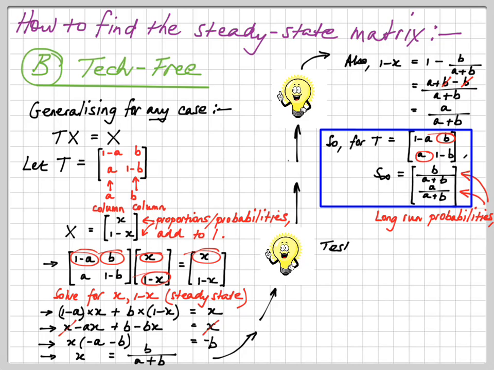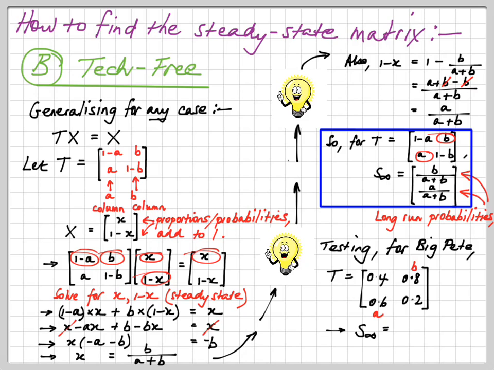Thank you, Mr. Box. So let's test for Big Pete if it works. Okay? So we're saying there was the transition matrix. Yes, it was for Big Pete. And there's A and there's B. Okay, so we can immediately take that without any mucking around, and we can just basically get our steady state matrix as easy as falling off a log.